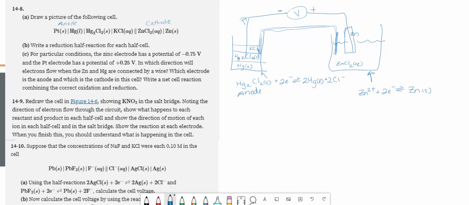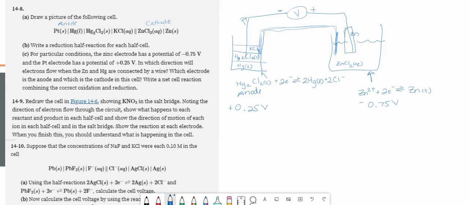C, for particular conditions, the zinc electrode has a potential of negative 0.75 volts, and the platinum electrode has a potential of positive 0.25 volts. So in which direction will the electrons flow when the zinc and mercury are connected by a wire?